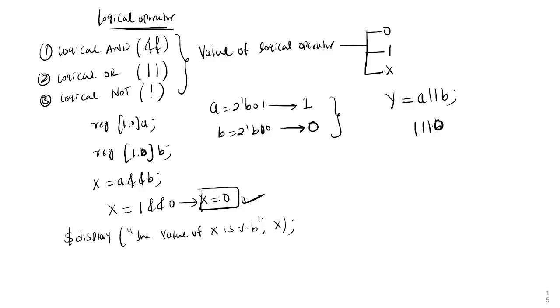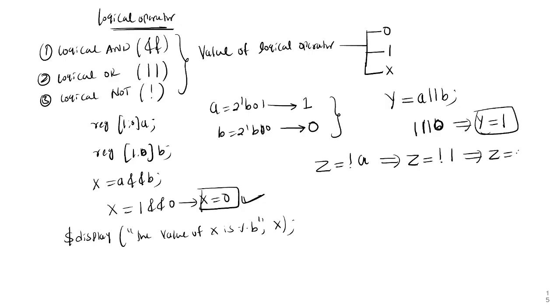Any one of the inputs is high, the output is high, so you are getting y equal to high. Next, suppose z equal to logical NOT of a. a is 1, so logical NOT of 1 gives z equal to 0.